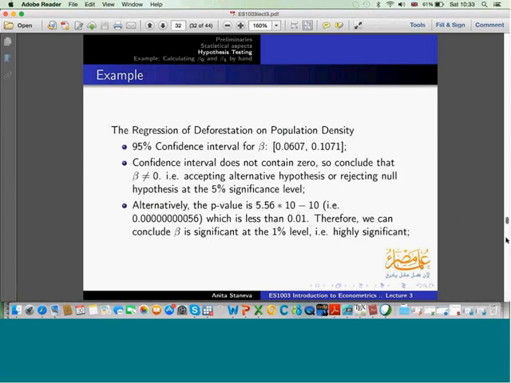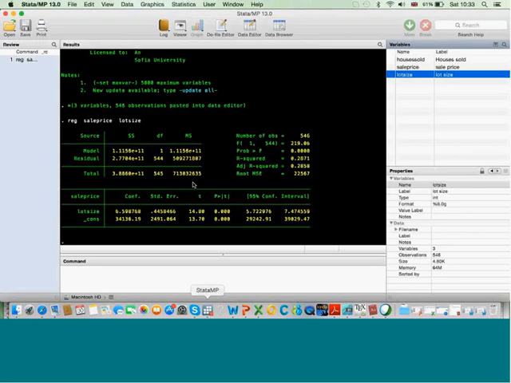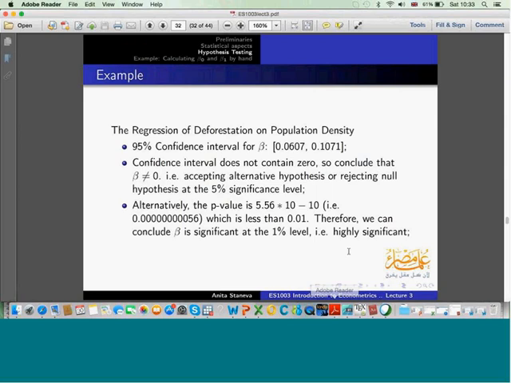In the example with the regression of deforestation on population density, if we do the same as here, in the same regression as I showed you with the lot size example, we get a confidence interval for beta between 0.0607 and 0.10.